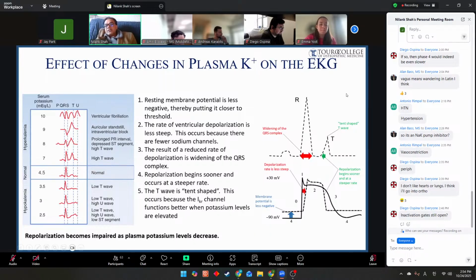And also bigger compared to normal, right? It's a big phase 3, steeper, quicker, and occurs very early. It's big. That makes this T wave tall. It's steeper, quicker, and rapid. That makes the duration shorter, right?